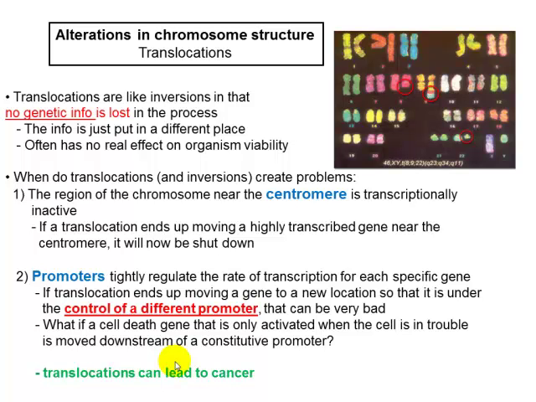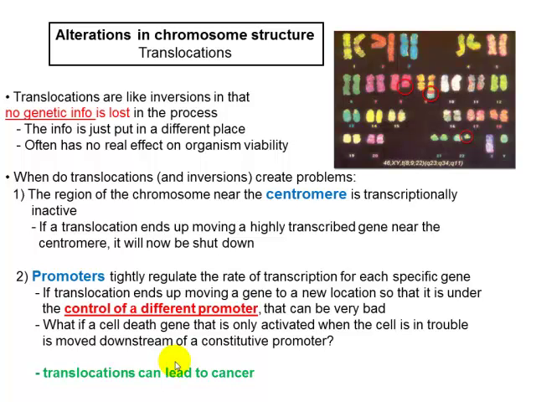So close to the centromere means not a lot of transcription happening over there. So if you shift a very important housekeeping gene for the cell to a place close to a centromere, the gene is going to slow down the expression. That means the cell is probably going to die, or is going to have a lot of problems.